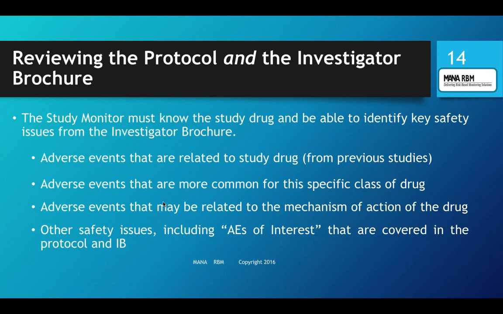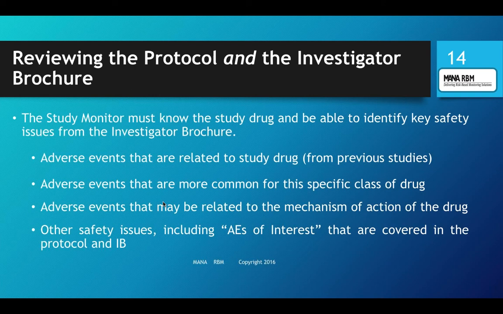Now, one of the things that we want to emphasize here is that you can't just look at the protocol review. You really have to look at the investigator brochure as well. Because you're going to want to have an index of suspicion about certain adverse events. So you want to know what adverse events were there from the previous study.